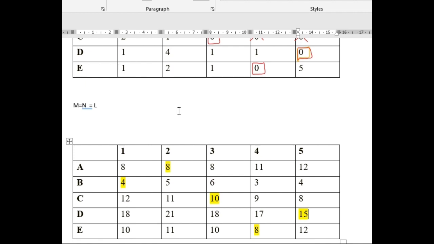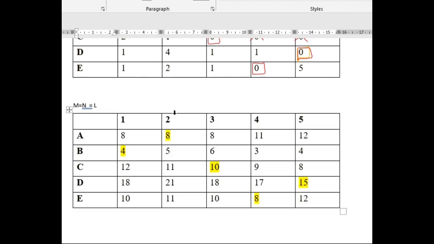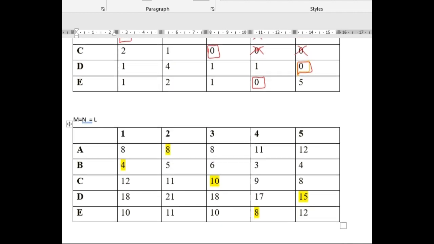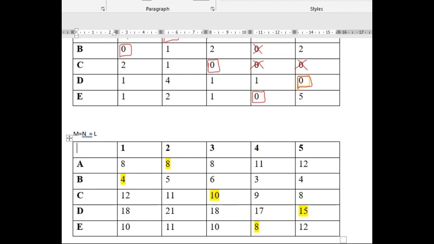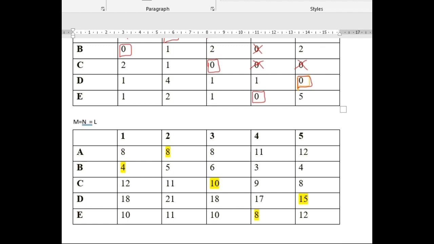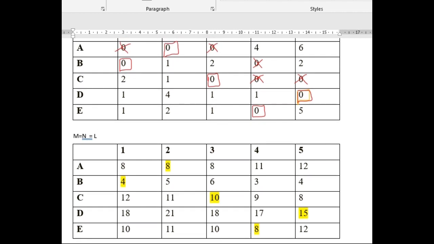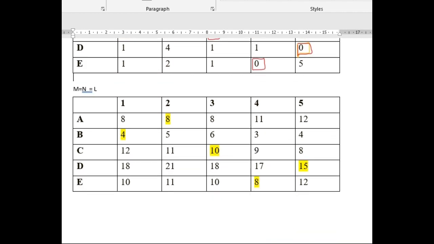So same thing, okay. So see this one. What we have to do in the next step is take all the numbers from the original table, and after that we are going to add all the numbers.